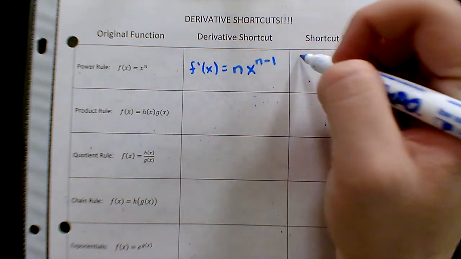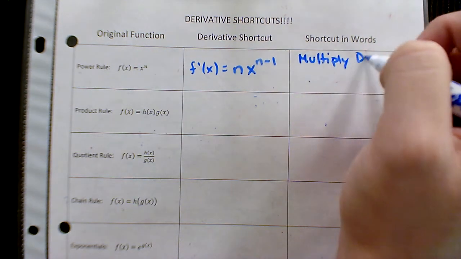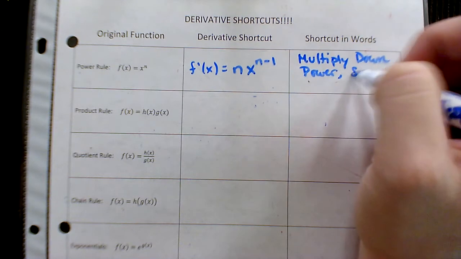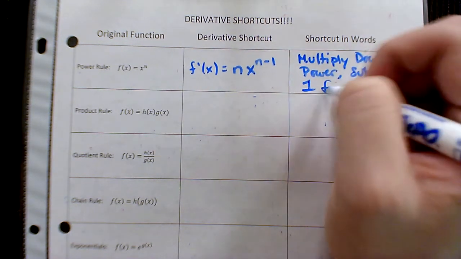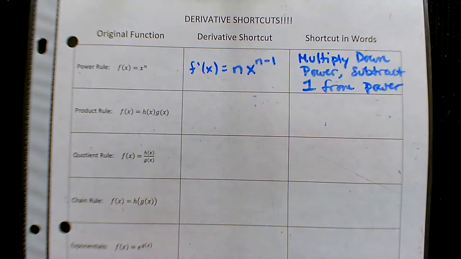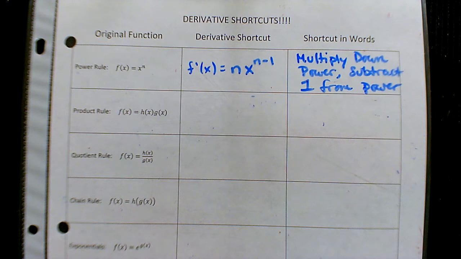So in words, we'll say multiply down power, subtract 1 from power. That's nothing new to us, right? That was the first shortcut we talked about.